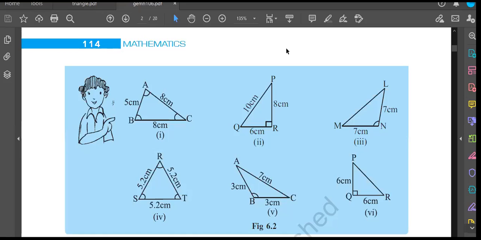You have to tell me the number also. Which of them are acute angle, which of them are obtuse angle, which of them are right angle triangle.